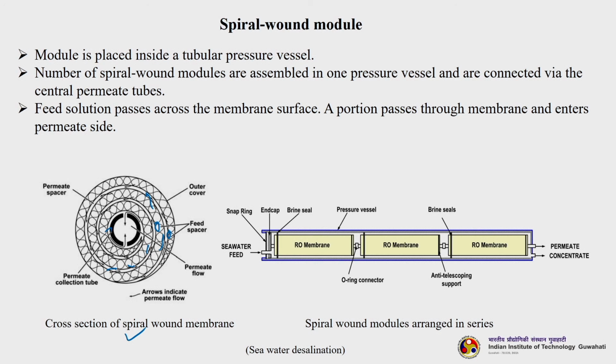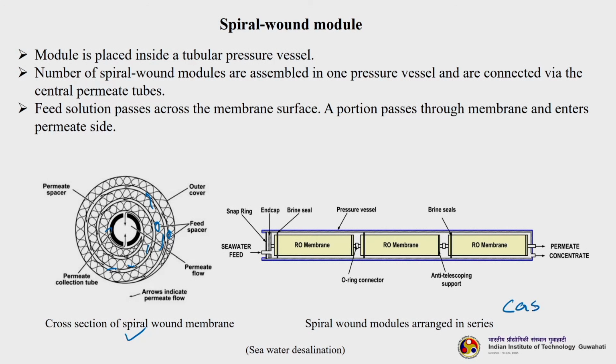In this particular figure, you can see spiral wound modules arranged in series. You can have more than one spiral wound membrane and place them in series. Many times we call them cascades also.